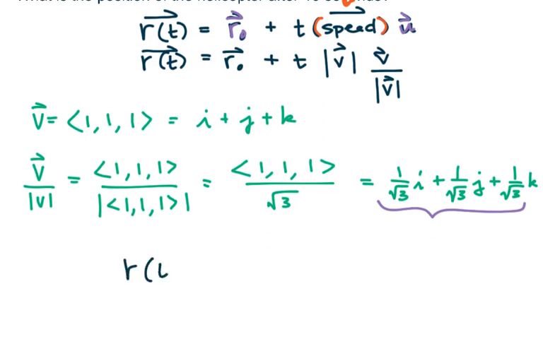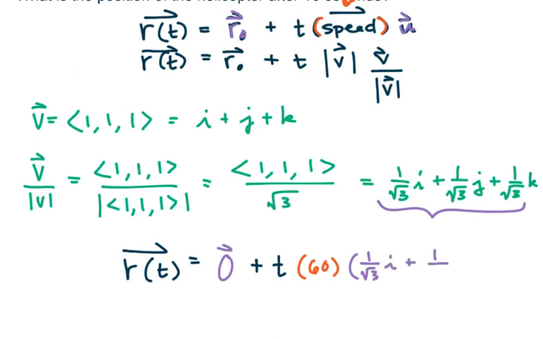We have r of t equals my 0 vector plus t times my speed, which is 60 feet per second, times this unit vector we just found, which is 1 over root 3 i plus 1 over root 3 j plus 1 over root 3 k.